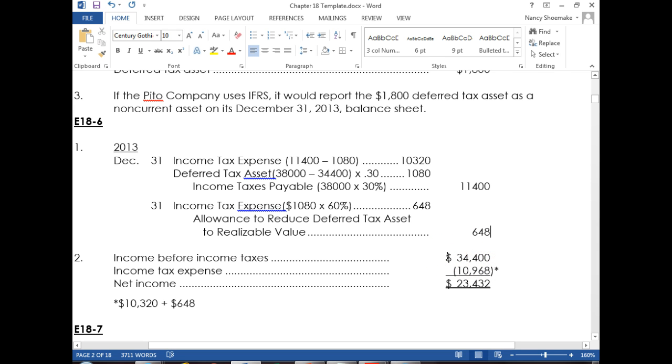We're showing an income tax expense here of $10,968. Now, how are we coming up with that $10,968? The $10,320 here plus the $648 here gives us our $10,968 to then come up with our net income.